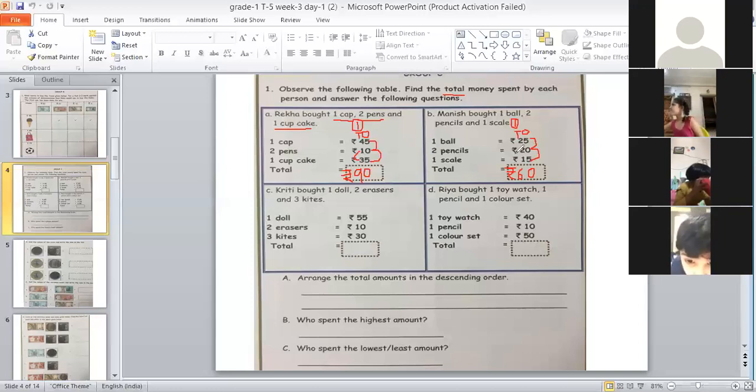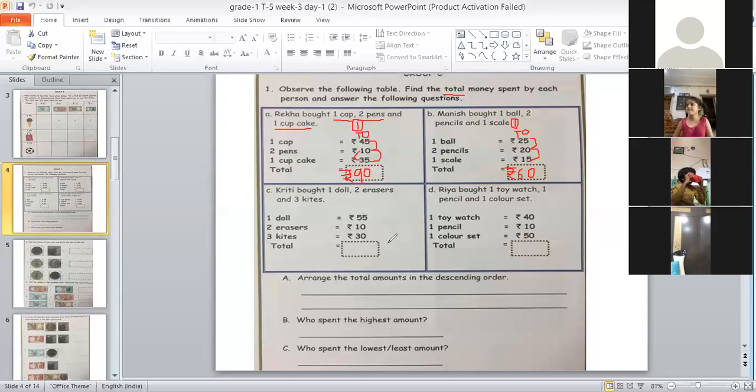Now, next question. That is the third part. Bhavashrit, please unmute yourself and read the third question. Kriti bought 1 doll, 2 erasers and 3 kites.